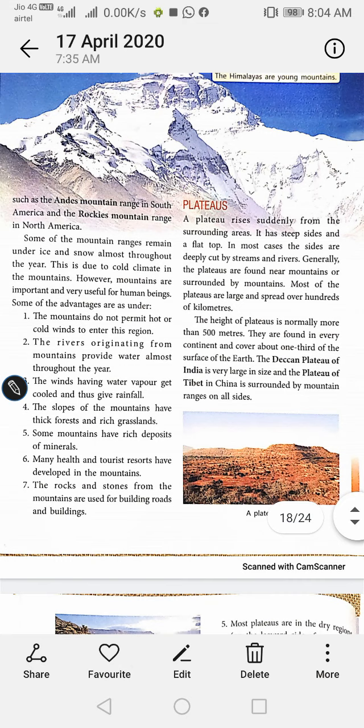Some of the mountain ranges remain under ice and snow almost throughout the year. Take the example of the Himalaya mountain, it is covered with ice throughout the year. We also have some advantages of having mountains on our earth. Mountains do not permit hot or cold winds to enter the region.